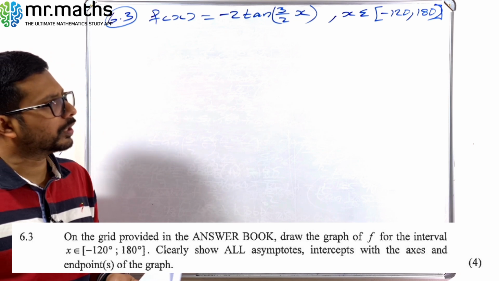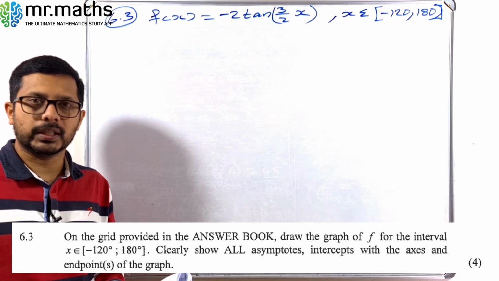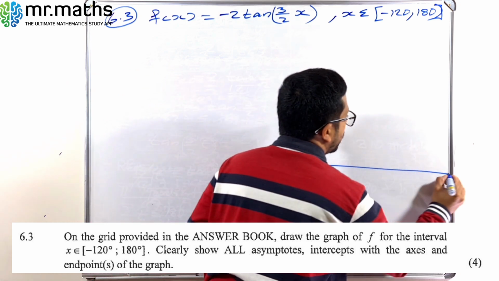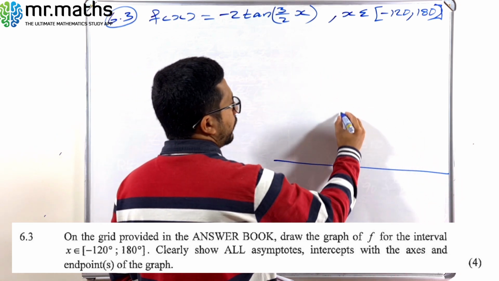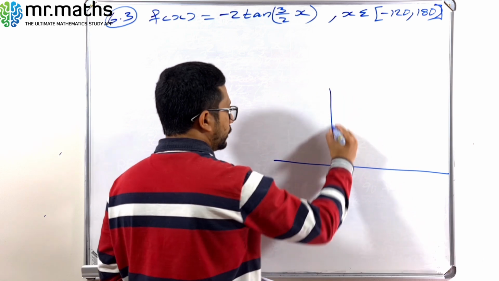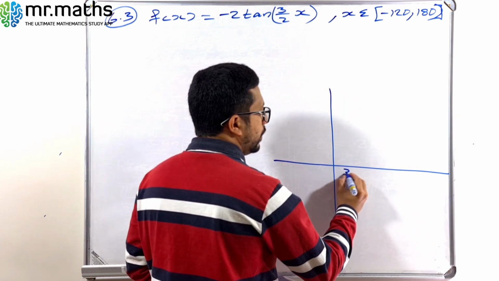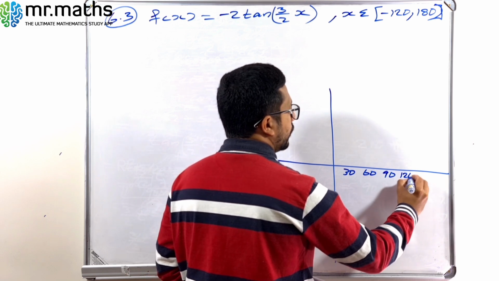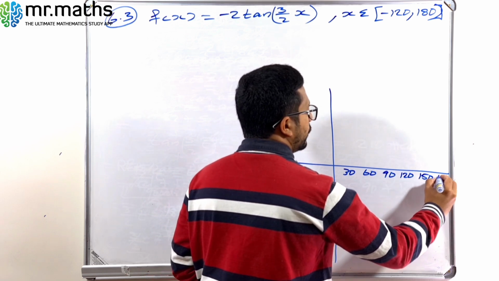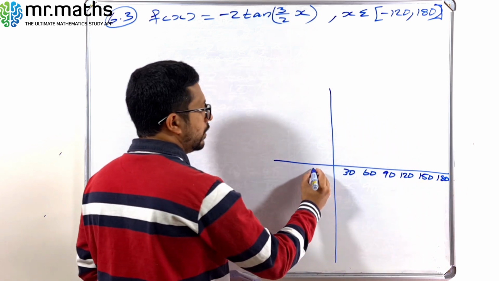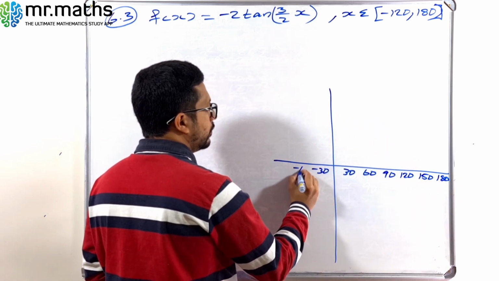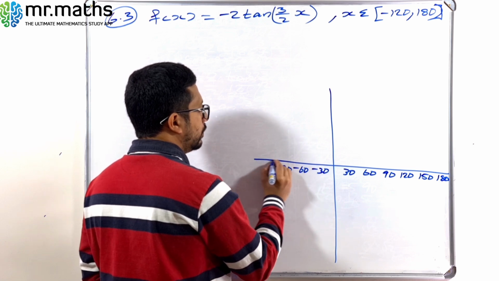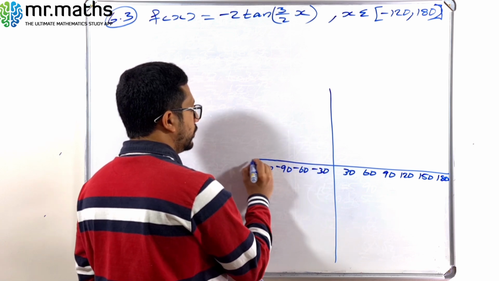It's a small interval, so you can take an interval of 30, as on the graph paper. So it is 30, 60, 90, 120, 150, 180, and minus 30, minus 60, minus 90, minus 120.